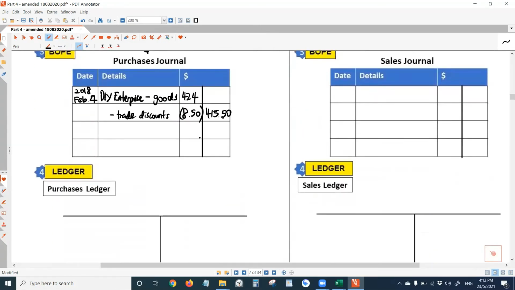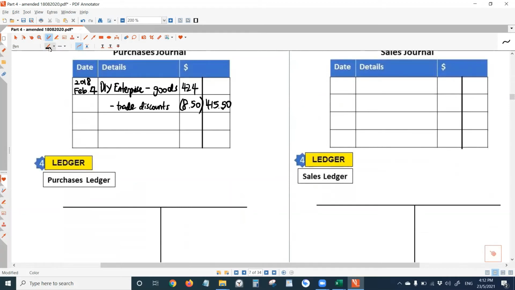Remember, on the same day, February 4th, you are going to transfer this number to a T account known as DIY Enterprise account. If you cannot recall, you need to refer to page 49. Everything is stated clearly there about how to record into the purchases journal. To the debit side or credit side?